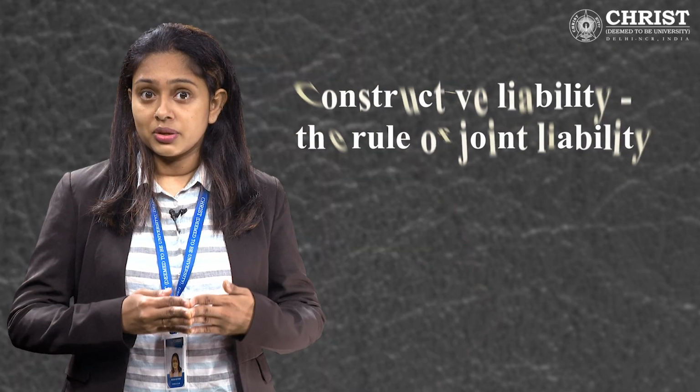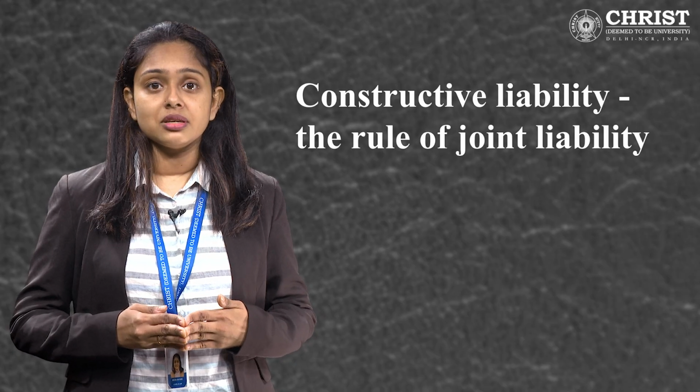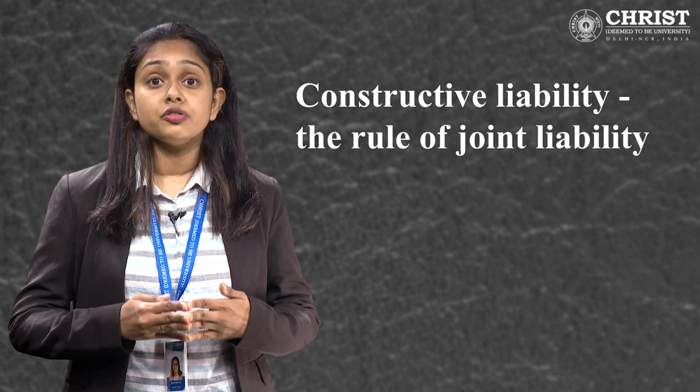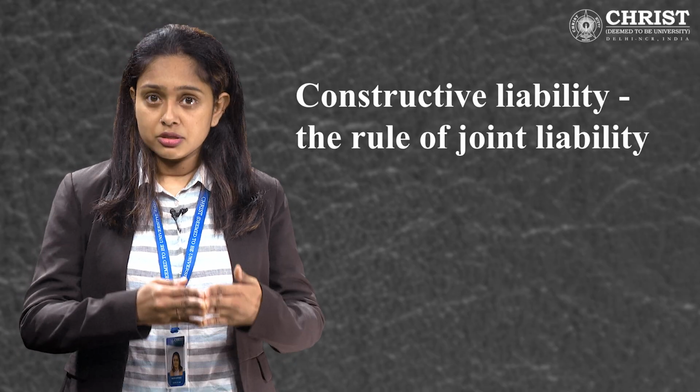The very next concept, constructive liability, also known as the rule of joint liability, has its essence in the existence of common intention or common object which actuates the offender to commit an offence. Maybe these concepts need further explanation.